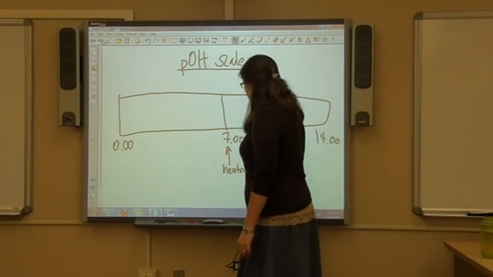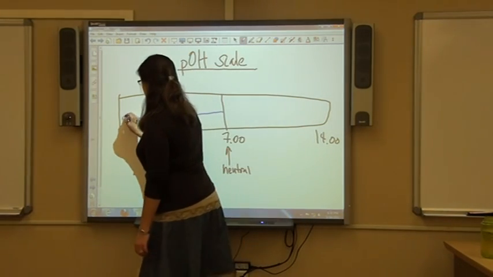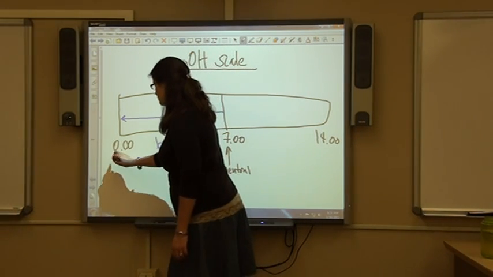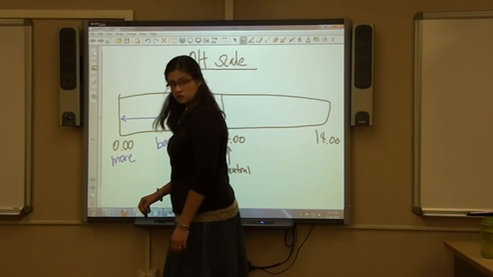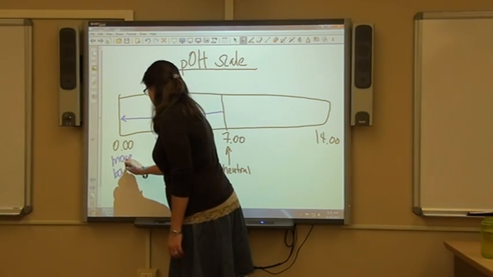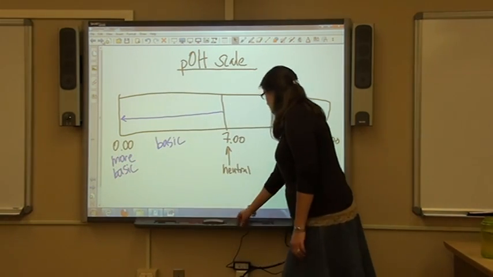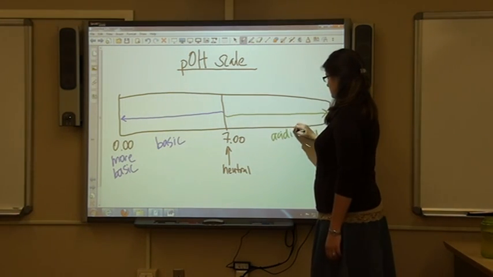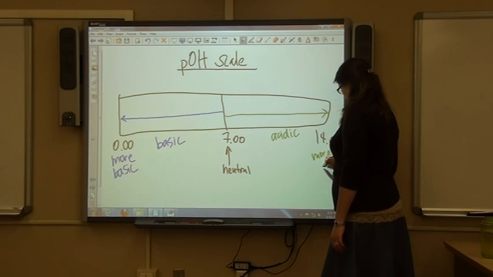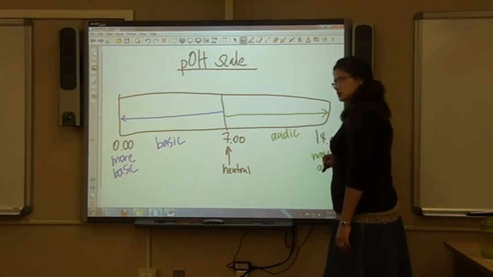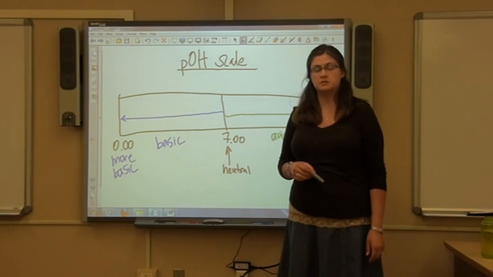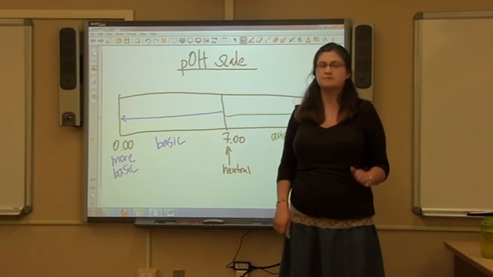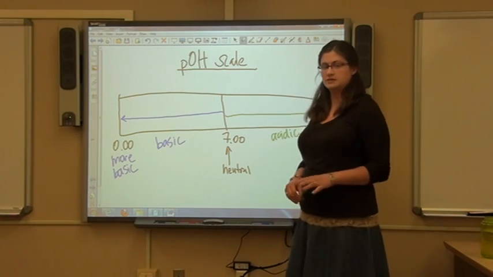So everything below 7 on the pOH scale is basic, and 0 on the pOH scale is the more basic region, while everything on the right side is going to be your acidic region. The pOH scale was developed to make it easy to transfer in between the pH and the pOH scales. We'll see where that comes into importance in just a little bit.